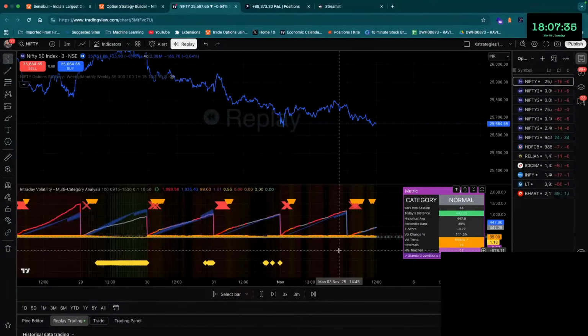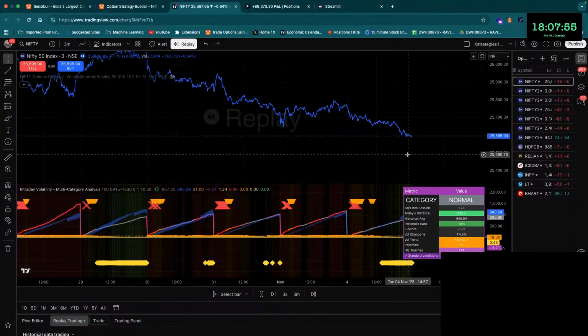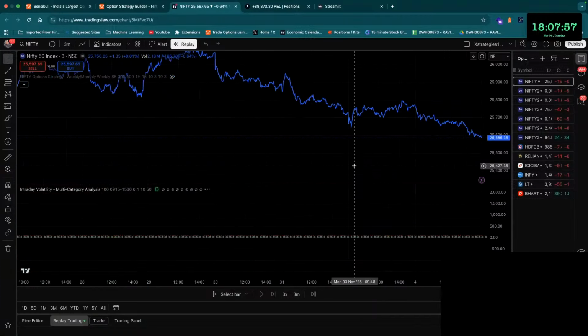I think at 12:30 or 1 o'clock there is some bit of a drop. But when the market falls, it doesn't mean that it is volatile. In fact, if the market drops suddenly, that's all right, because it falls in a straight line. That's absolutely fine. This is about 2 o'clock, and this is done.